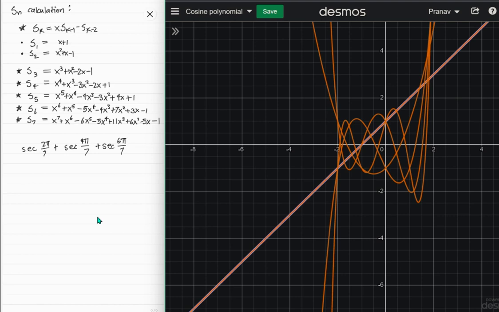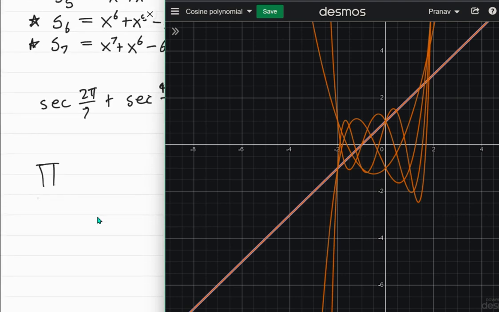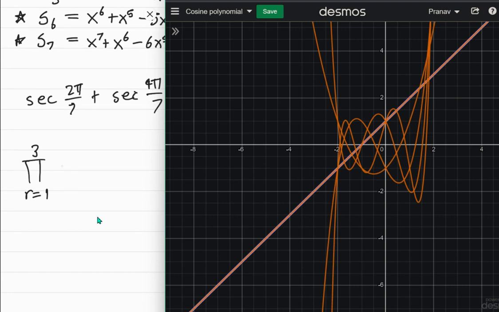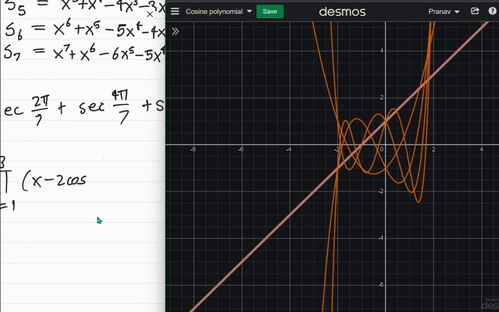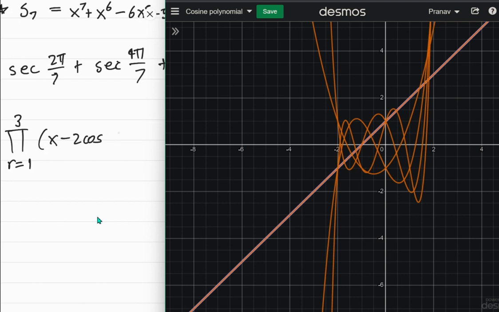So we know that this thing is just a product from r equal to 1 till 3 of x minus 2 cosine of, well, it's supposed to be 2 pi upon 2n plus 1, right? So 2 pi upon 7, 6 plus 1, 7, but then that times r, so 2 pi r upon 7, right?